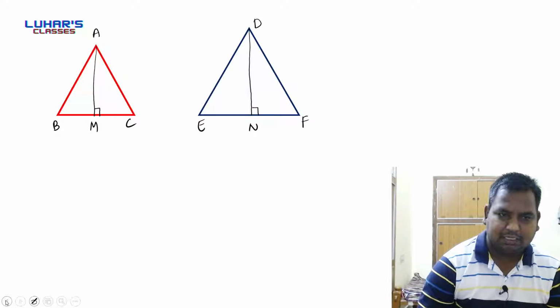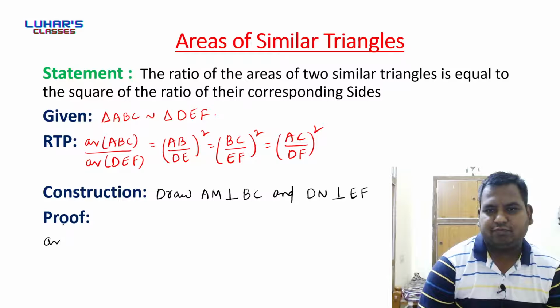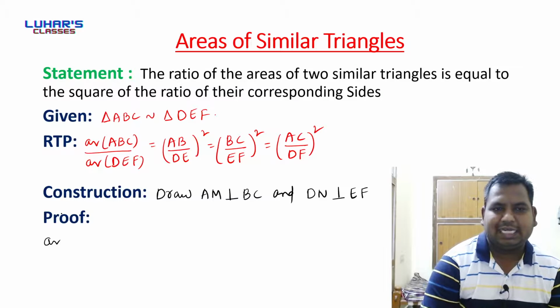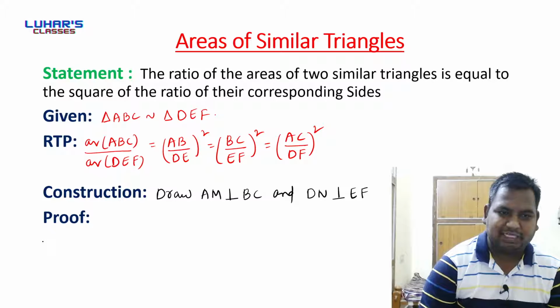Here we'll try to find the ratio of areas of triangle ABC and triangle DEF, so directly we'll find area of ABC by area of DEF.